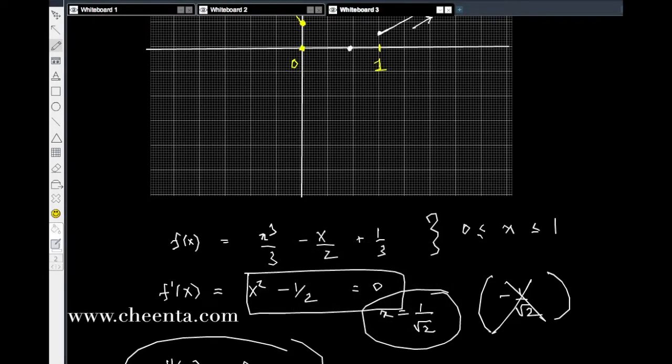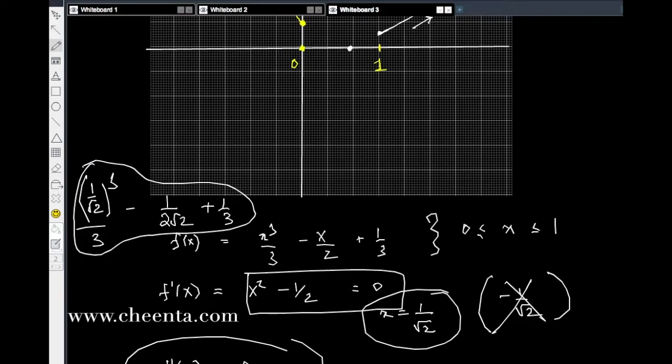We can even find the value of the local minima. Let's plug it in. So (1 by square root of 2) whole cube over 3 minus 1 by 2 square root of 2 plus 1/3. It's hard to find, but this is the value. What we do know is that before 1 by square root of 2, the product (x minus 1 by square root of 2)(x plus 1 by square root of 2) is f prime x.